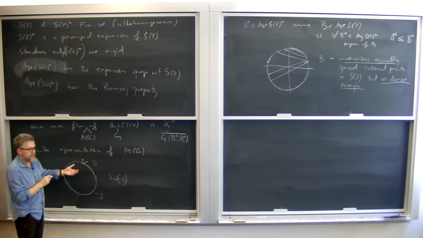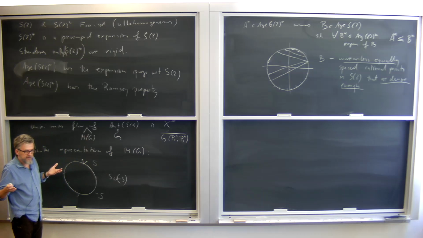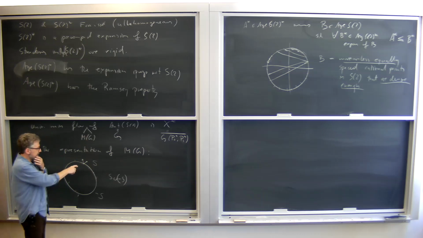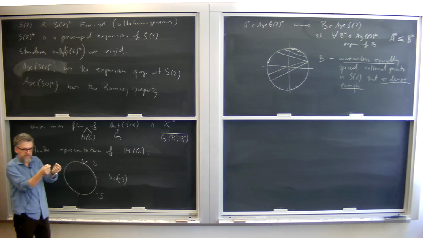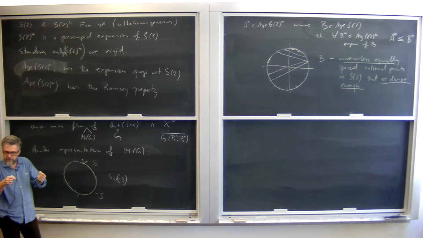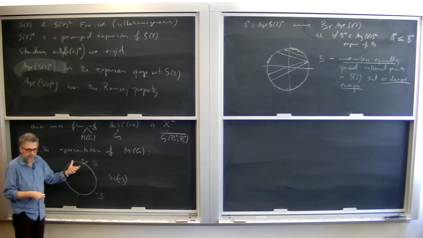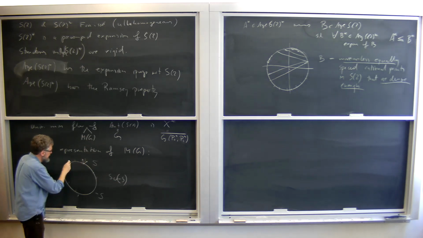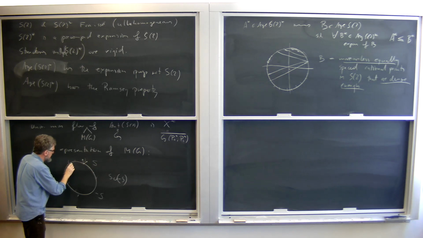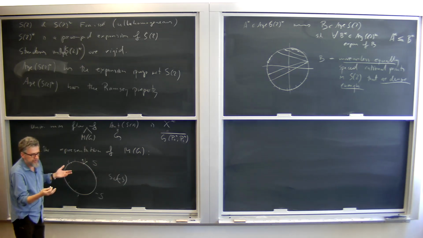Then you introduce a topology on it. This is what you would expect. This is a Cantor set. If you split densely many points on the circle, you'll get a Cantor set, and you introduce the circular order topology.